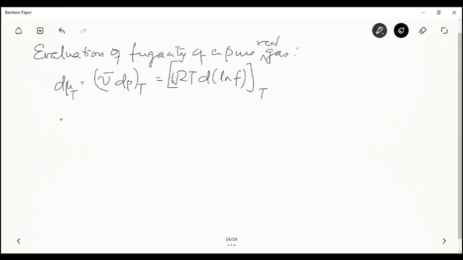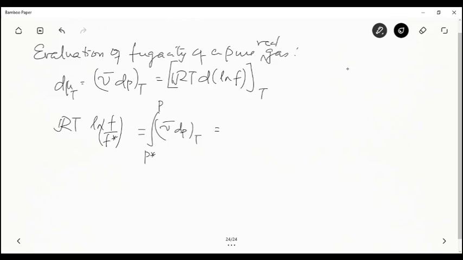Then along an isotherm, I'm going to integrate this RT into d log f from f star to f, so you get RT log f by f star, where f is the fugacity of the gas at temperature T and pressure P, and f star is the fugacity of the gas at the same temperature T but at a very low pressure P star, where the behavior is close to ideal gas, and this is going to be equal to the integral of v dP along an isotherm from pressure P star to the actual pressure P, right? So this is the integration that you will need to do.